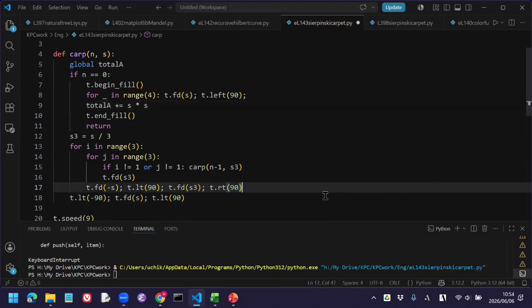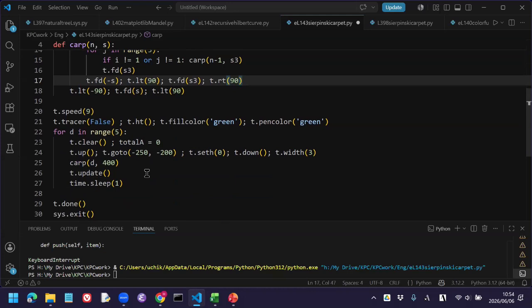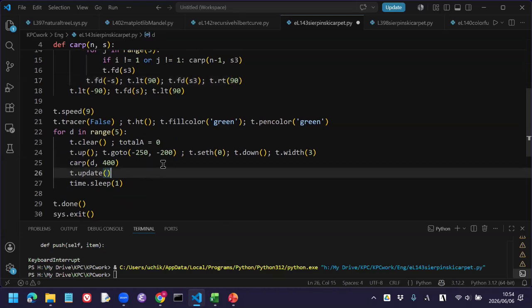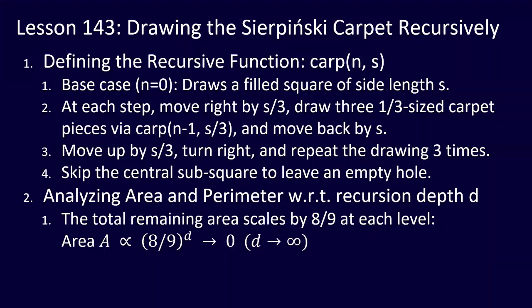And at each iteration, we will write down the number. Okay, so at each update here, we will print, say D, and then maybe we can make it total A. And also, actually, to save time, we know that it is multiplied by 8 over 9 each time.